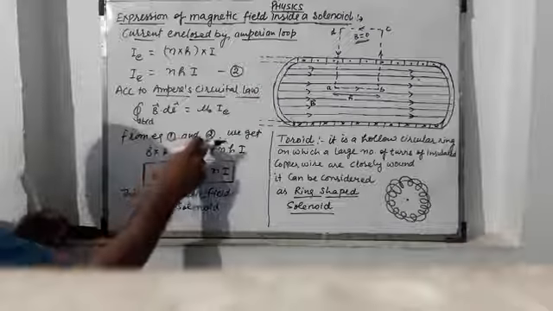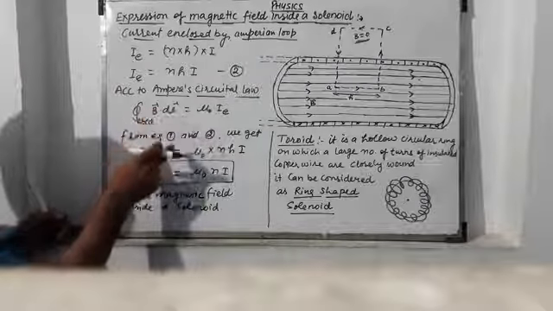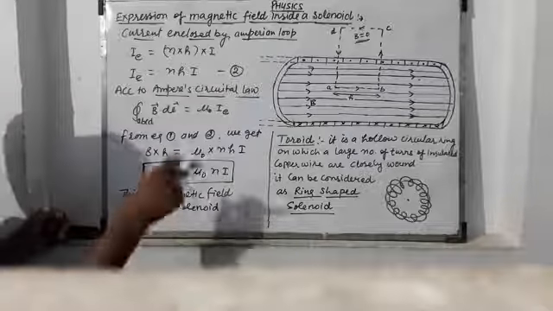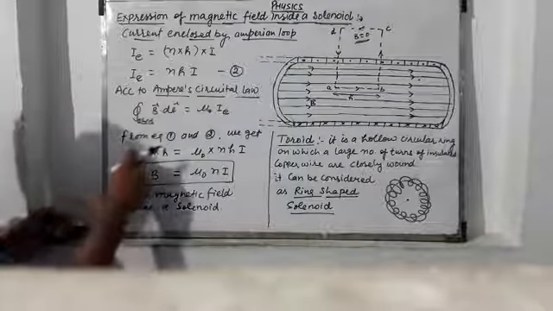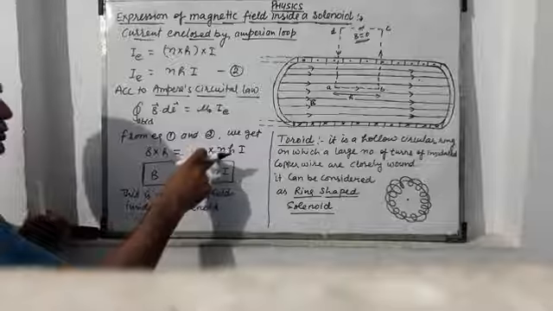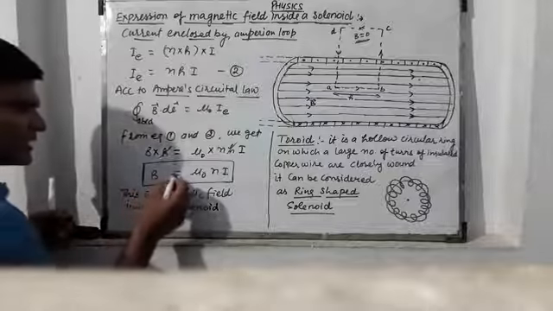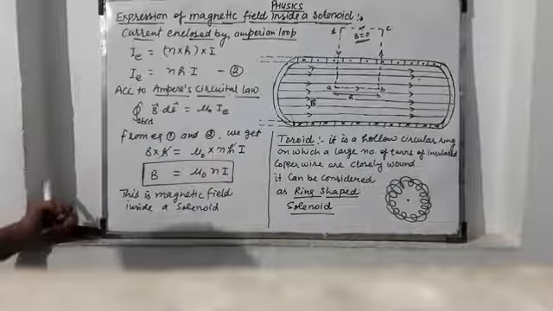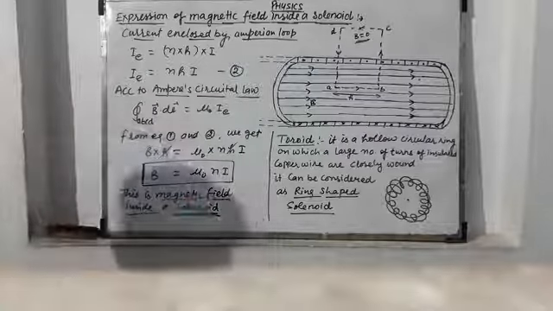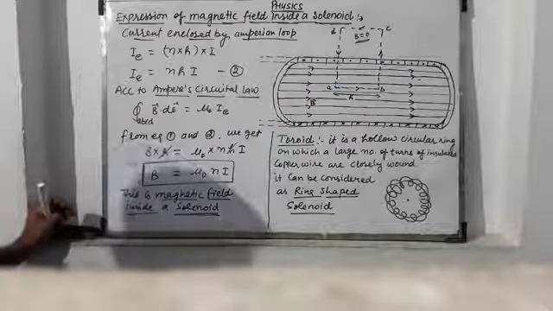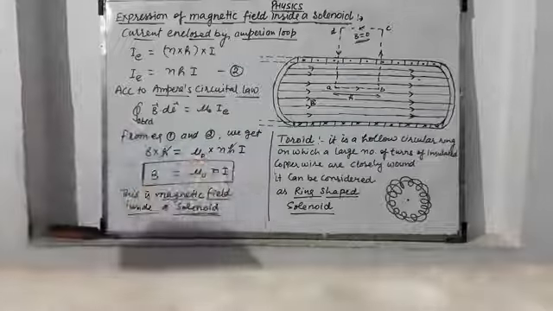So from equations 1 and 2 we get: from equation 1, the line integral of B·dl is equal to B h, and from equation 2, Iₑ is equal to n h I. So we have B h = μ₀ n h I. h is cancelled out and we get B = μ₀ n I. This is the magnetic field inside a solenoid, where μ₀ is the permeability, n is the number of turns per unit length and I is the current.